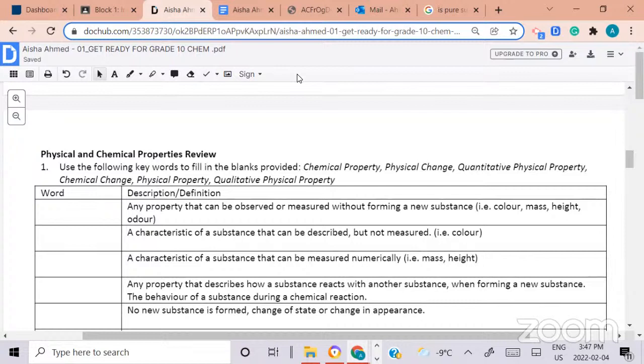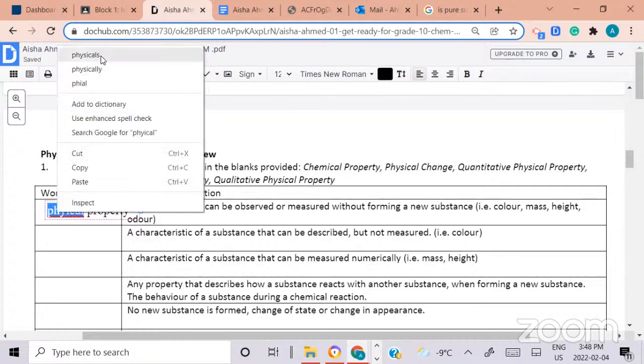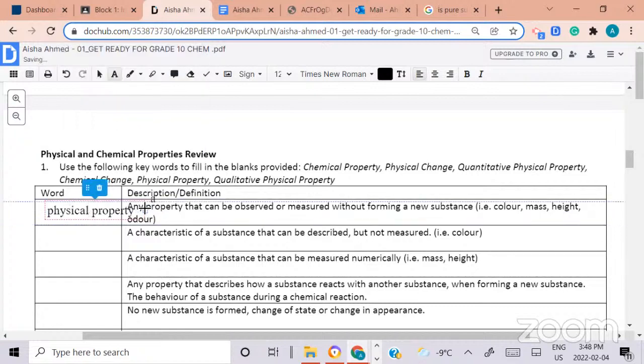So a physical property is something you can observe, like color, mass, height. These are all physical properties. So if you can write physical property. Awesome.